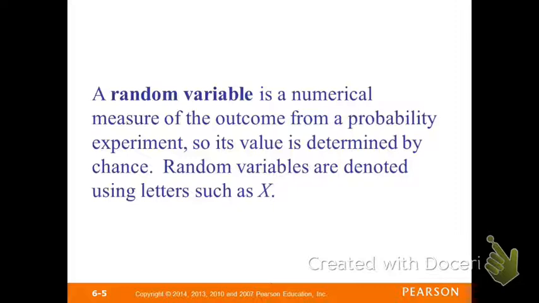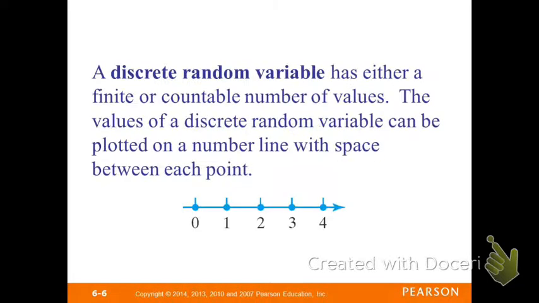Those are different types of possible random variables. The number of people who visit a restaurant in a day. Those are random variables, so they have a numerical measure that makes them random.